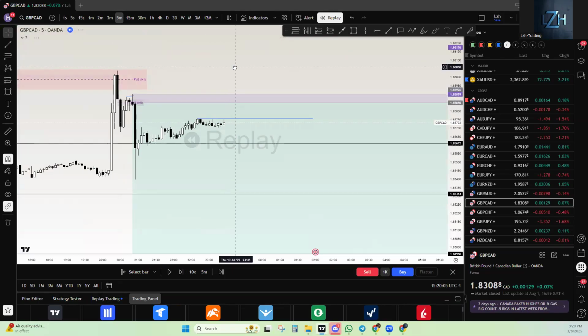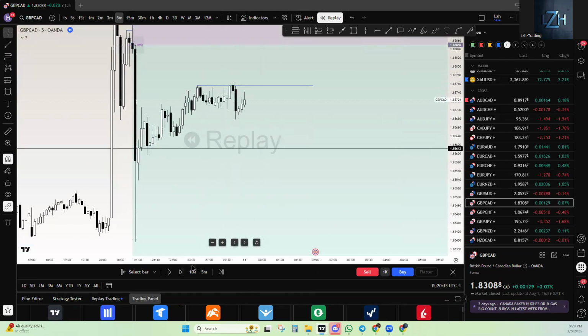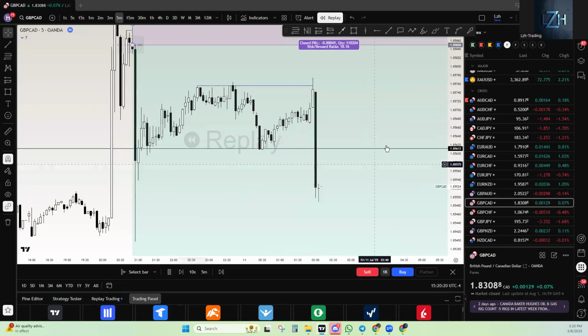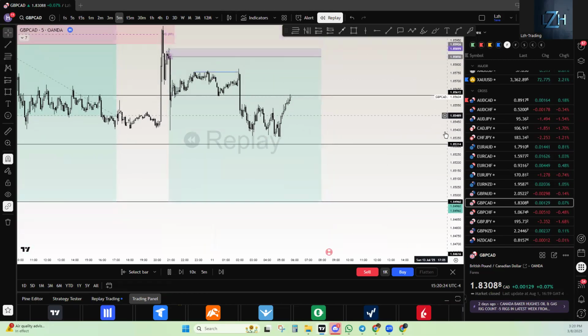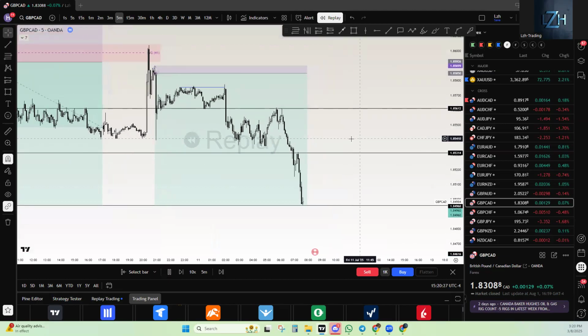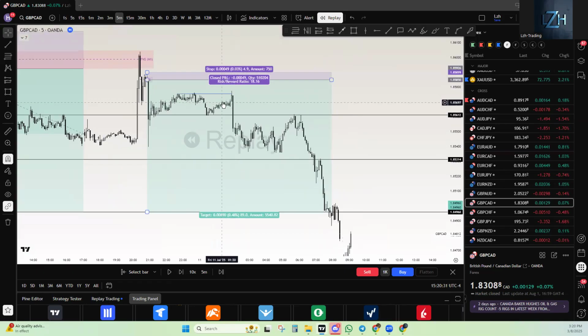Go back to 5 minutes again. This is a big 5 minute candle. Strip high and broke down. Okay, so price actually moved a lot during the session that you want to see, 2 a.m., which is the London session.